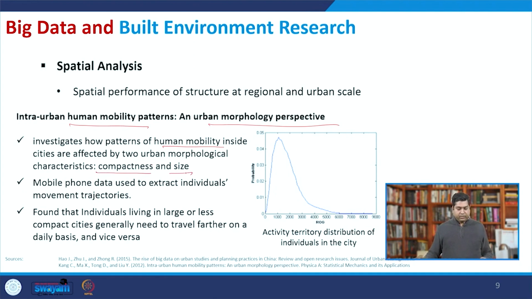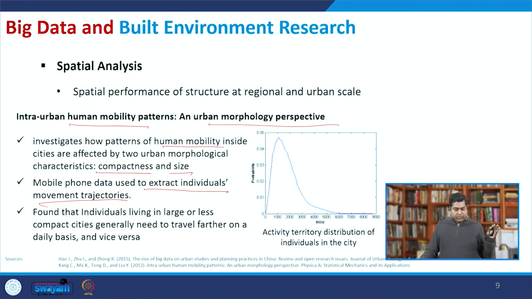Mobile phone data were used to extract individuals' movement and trajectories. So the idea is not to have a questionnaire interview, because that takes time and the sample will be limited. But with mobile phone data, if you extract individual movement trajectories, you can get this result quickly and with large data.